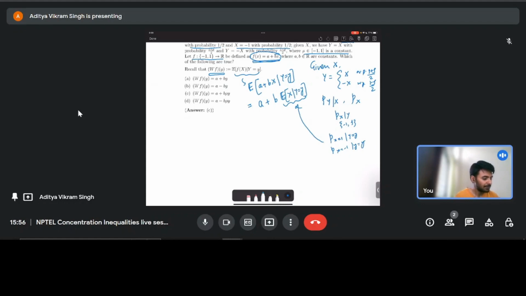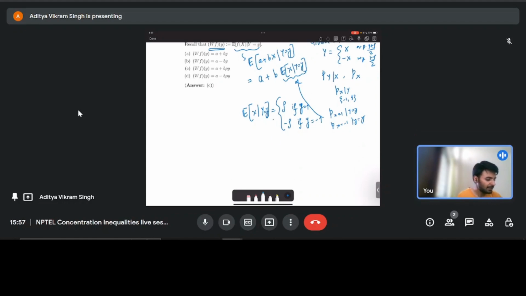And so if you just do the computations, what you will see is that the expected value of x given y is equal to rho if y equals 1, and minus rho if small y equals minus 1.